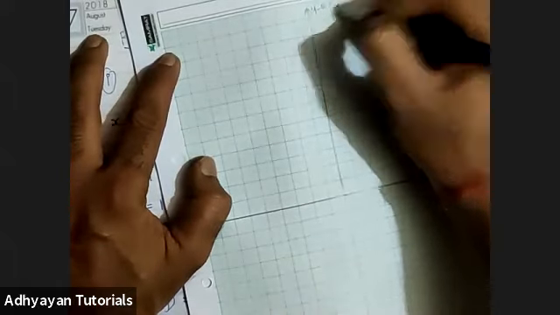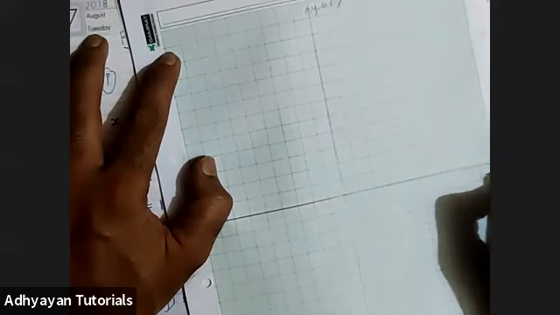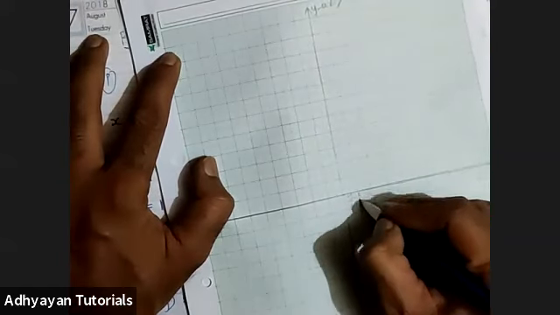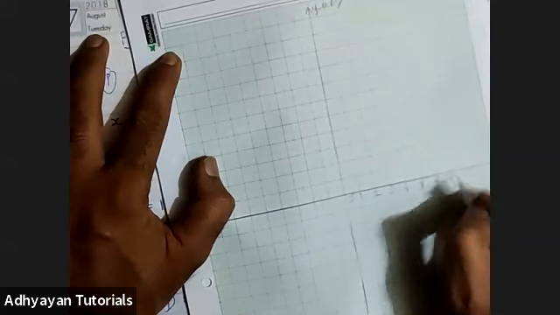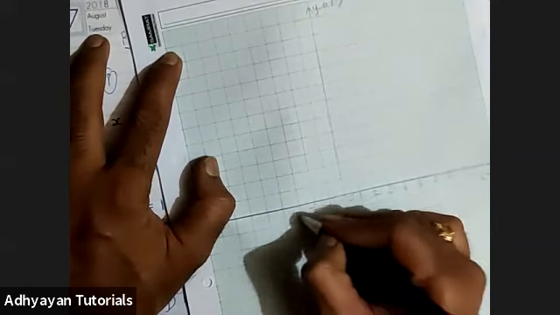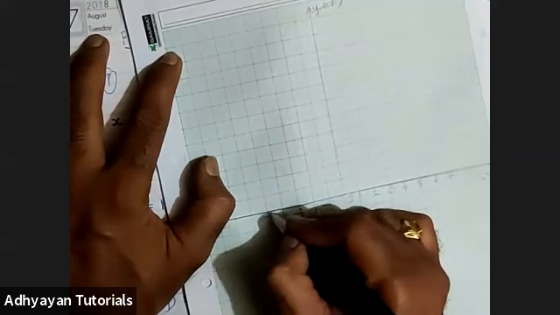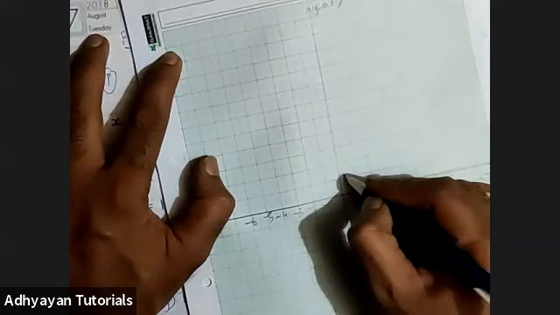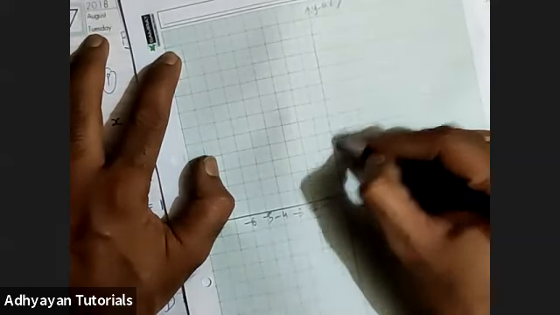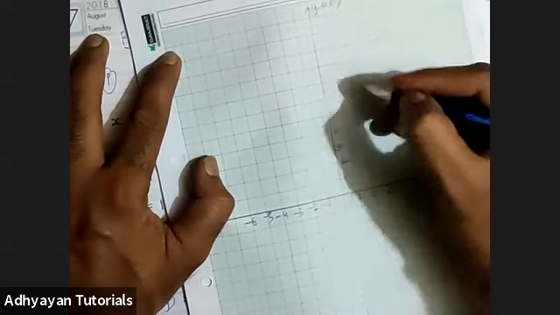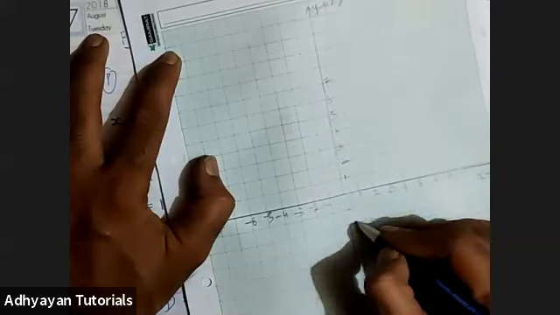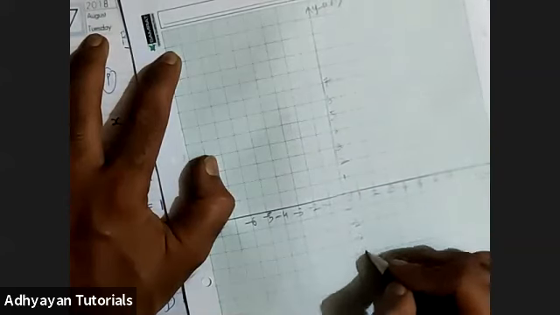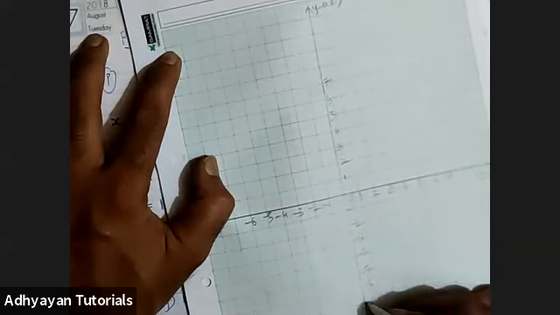This is the y-axis, this is the x-axis, and I'll just jot down 1, 2, 3, 4, 5, 6, 7, -1, -2, -3, -4, -5, -6, and -7.